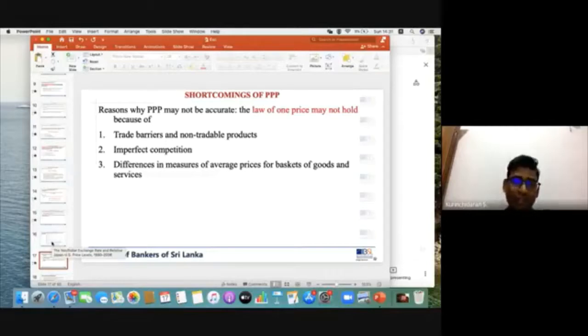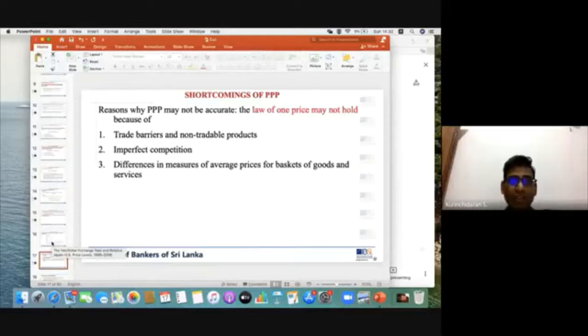Now let's see. If you want to do a haircut in Sri Lanka, maybe 1,000 rupees, in Australia, maybe $50, that means maybe 7,000 rupees in Sri Lankan currency.